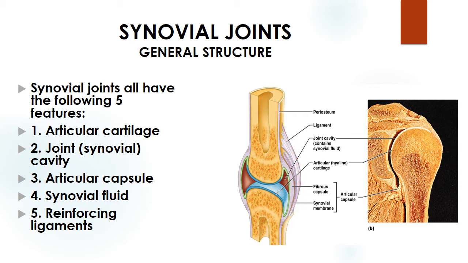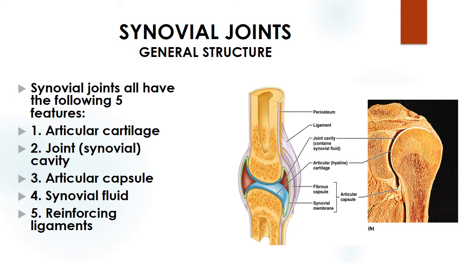Now, a couple comments about the synovial fluid and also about the reinforcing ligaments. The synovial fluid is secreted into the synovial cavity here, and it's secreted by cells that line the interior of the synovial membrane. Synovial membrane is a sheet of secretory cells that lines the interior of this joint cavity.